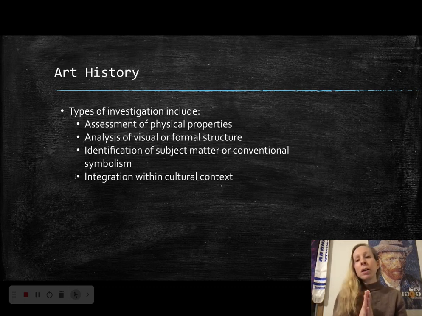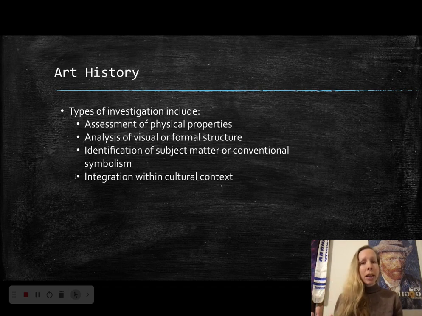So types of investigations include assessments of the physical properties. So what you're looking at. What are the properties of the artwork? Is it a painting? Is it a sculpture? Is it a building?